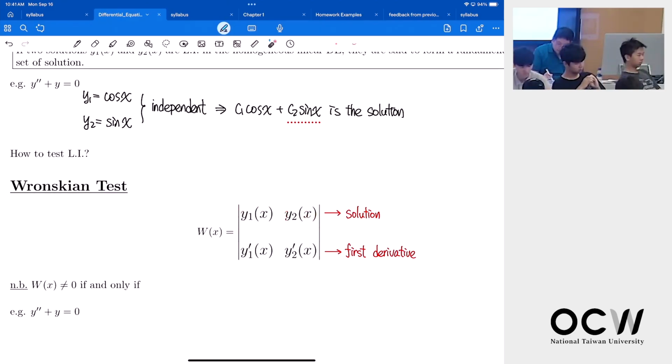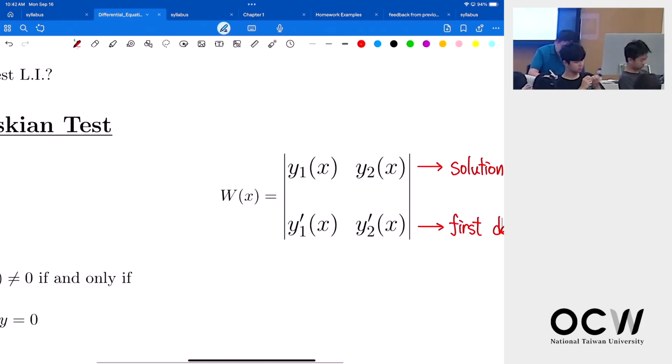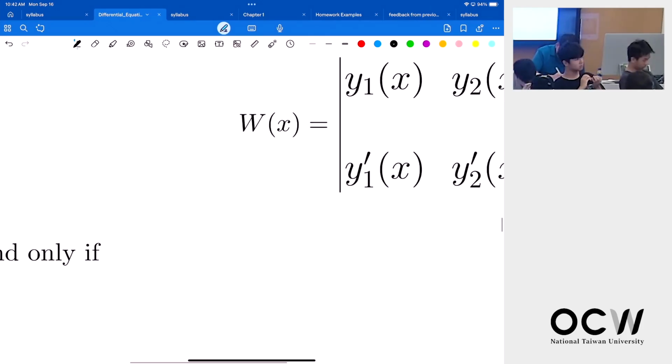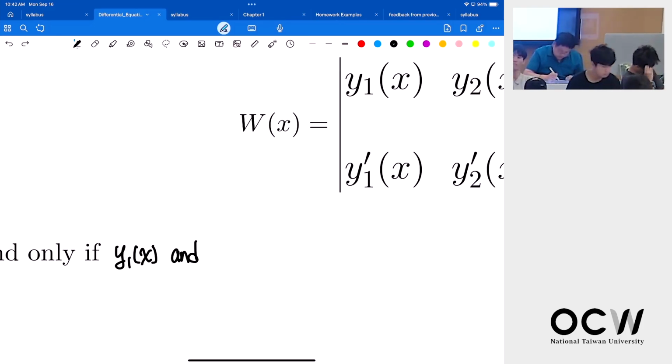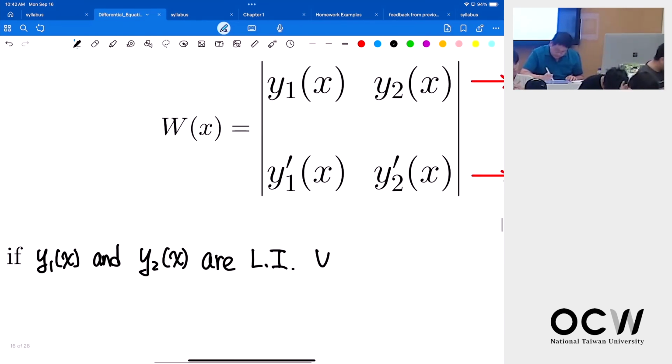Okay, so since it is not equal to zero, then we can say that two functions are linearly independent. So here we have y1 and y2 are linearly independent for all x in the open interval I.